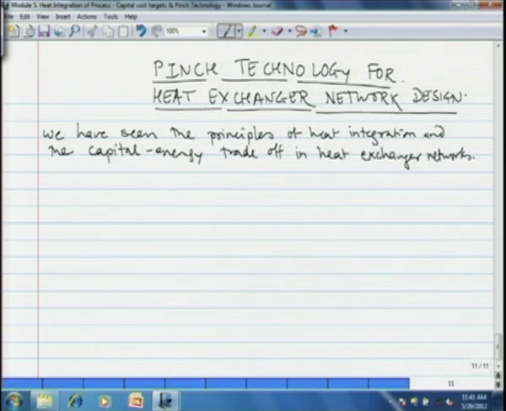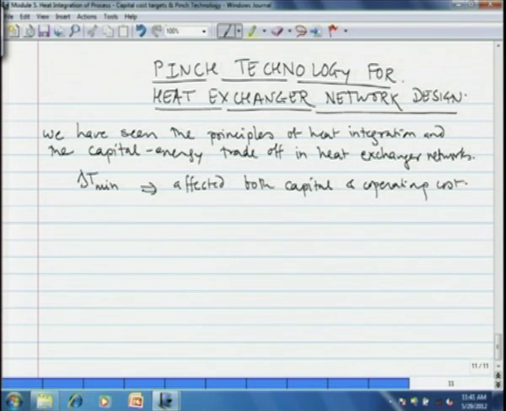The major factor in the entire design was delta T min, which affected both the capital and operating cost. Increasing delta T min reduces the capital cost, but increases the operating cost, and vice versa.